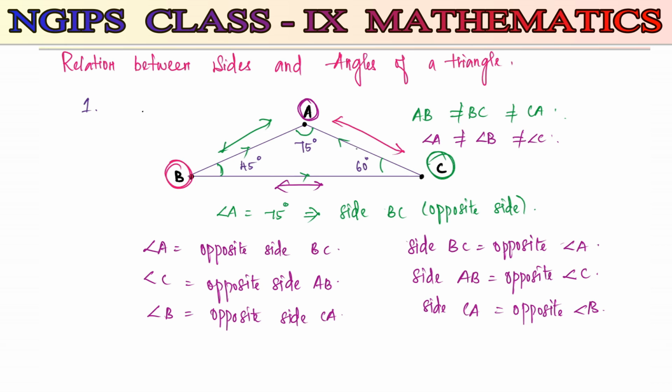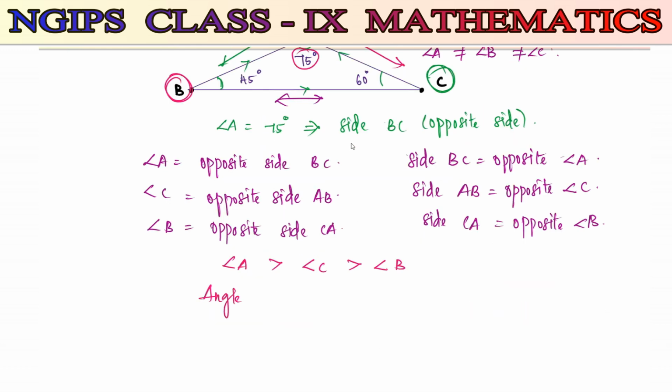If you look at this diagram, the greatest angle A is 75 degrees. So angle A is going to be greater than angle C. Angle C we have 60 degrees, and angle C is going to be greater than angle B. So angle A is greater than angle C, which is greater than angle B. Now angle A is 75 degrees, angle C is 60 degrees and angle B is going to be 45 degrees.